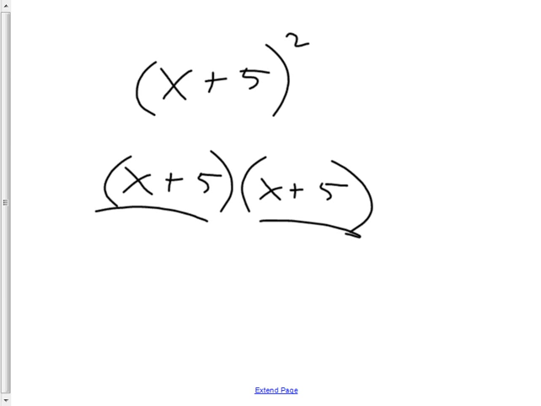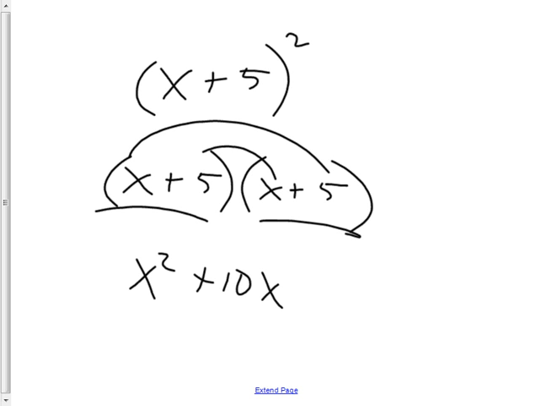Would you please FOIL that out now? First, outside, inside, last, and get me the real answer, which is not x squared plus 25. It's got that in it, but it's also got something else. Okay, first, x squared. Outside and inside, 5x and 5x, 10x. The last, 25.